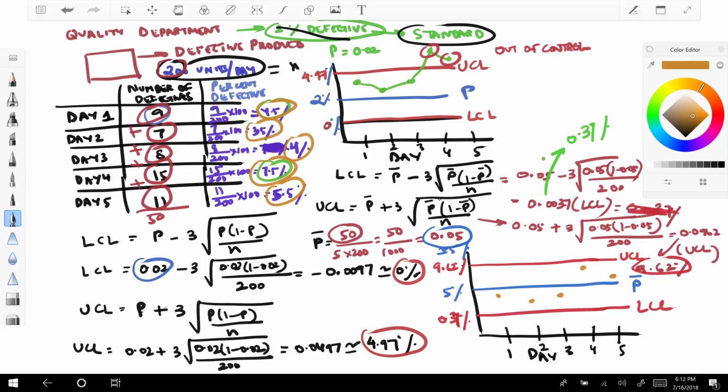Now if you see, the process is in control. So if the population variance is unknown, the process is in control.